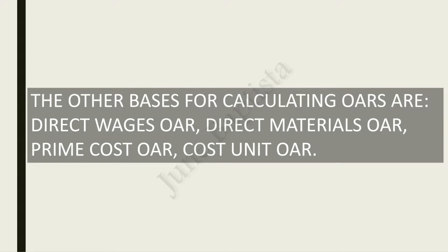These are direct wages OER, direct materials OER, prime cost OER, or cost unit OER, out of which cost unit OER is used quite often, and that would be the total overheads divided by the number of units to give you your OER.